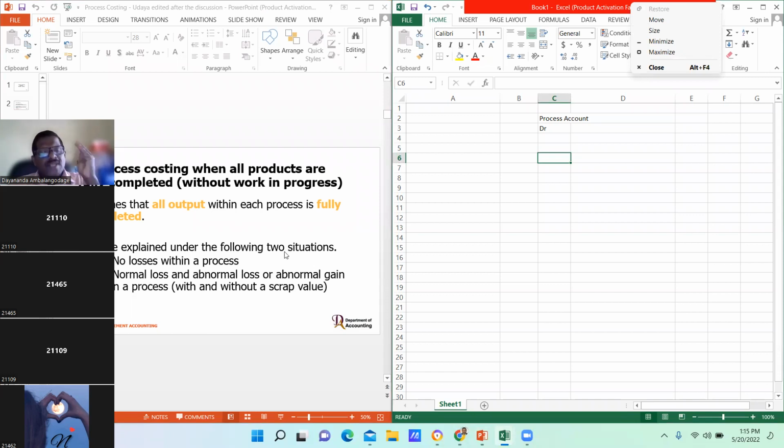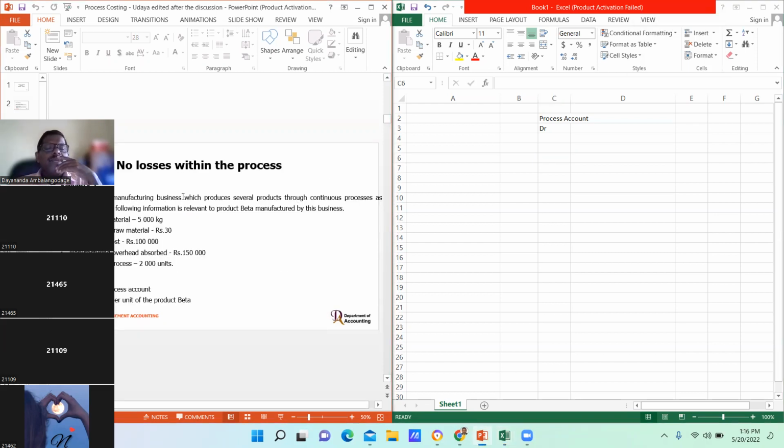From now onwards, we are discussing process costing without work in progress, and with no losses, normal loss, abnormal loss and abnormal gains. That means we are discussing scenario number one.